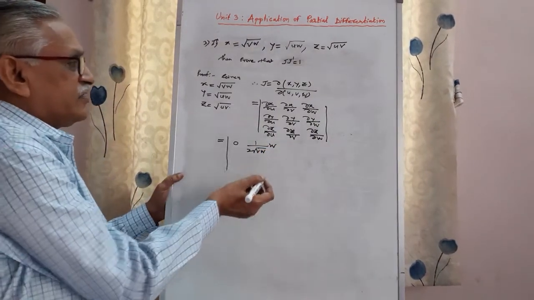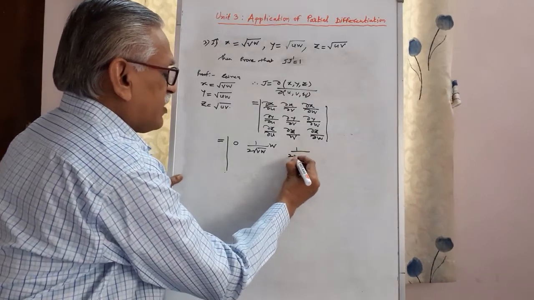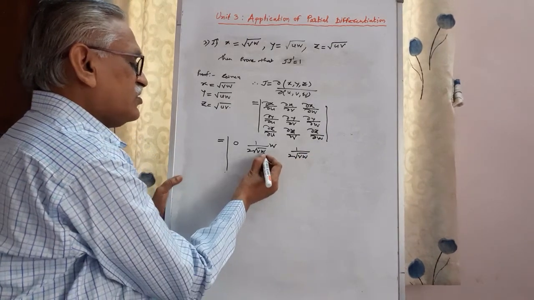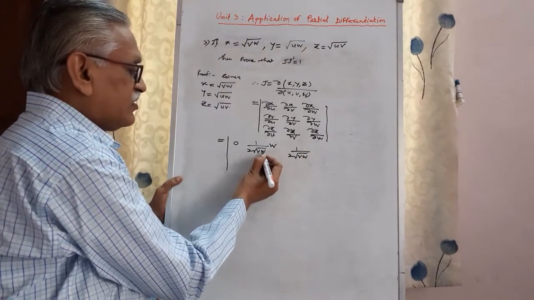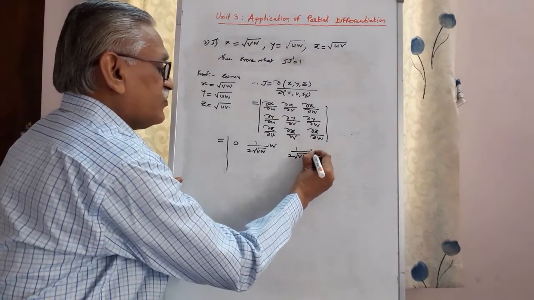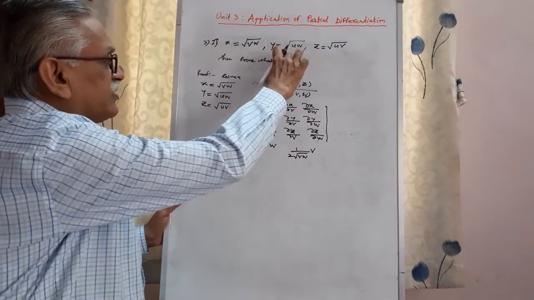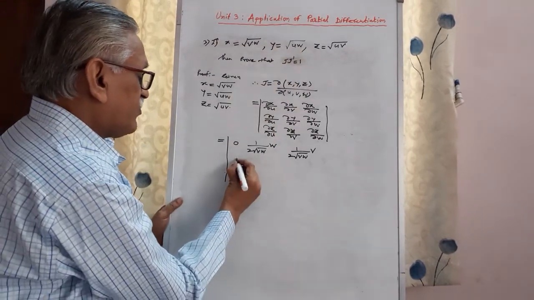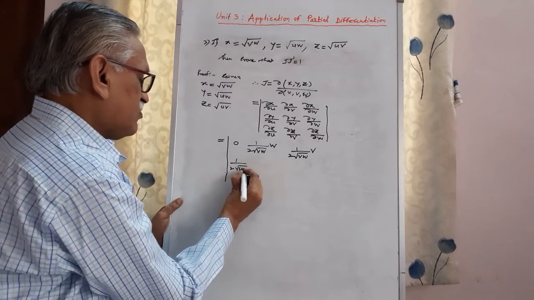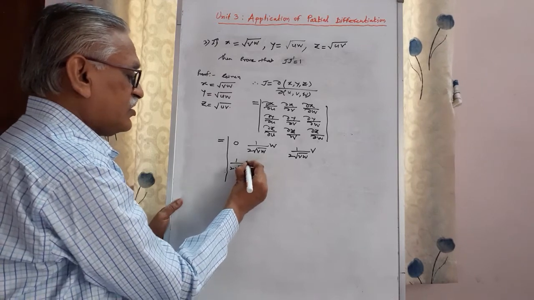Then differentiating the same with respect to w, again 1 by 2 times root of VW, chain rule, derivative of this with respect to w is v. Then differentiating this with respect to u, 1 by 2 times root UW, and derivative of this with respect to u is w.